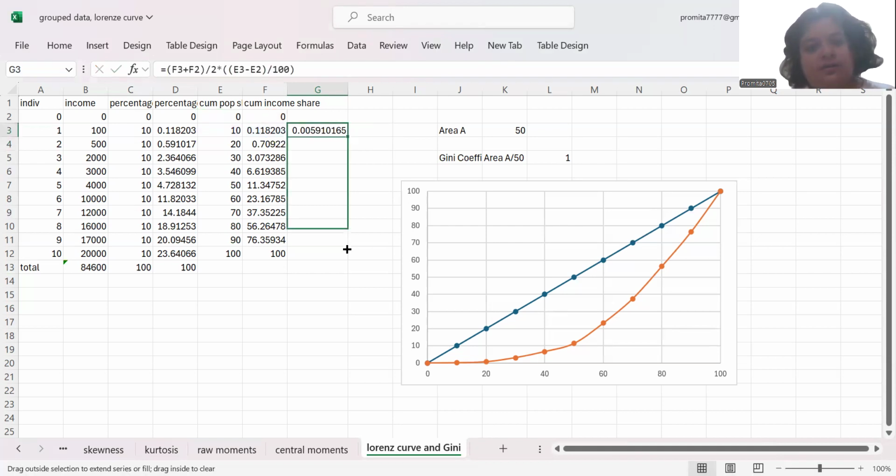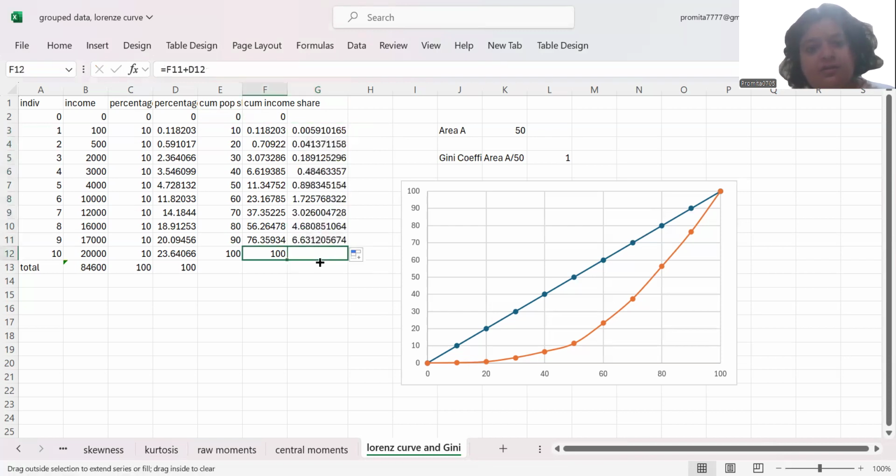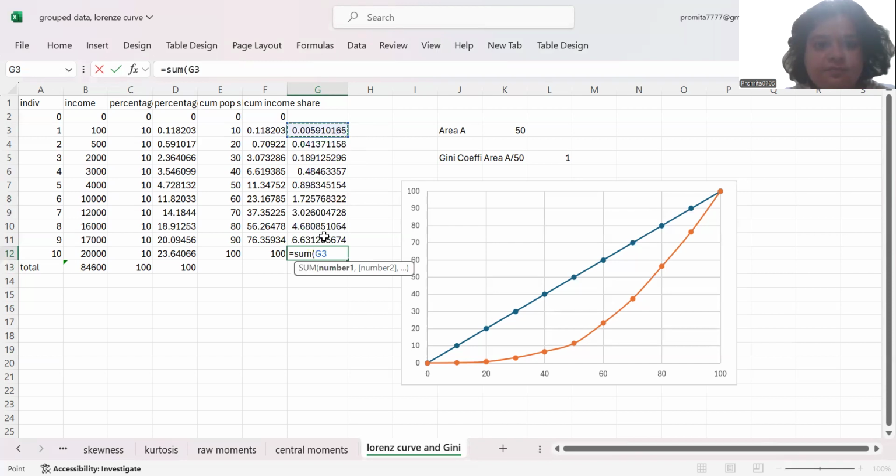And so we calculate the total area here. So this is my total area.